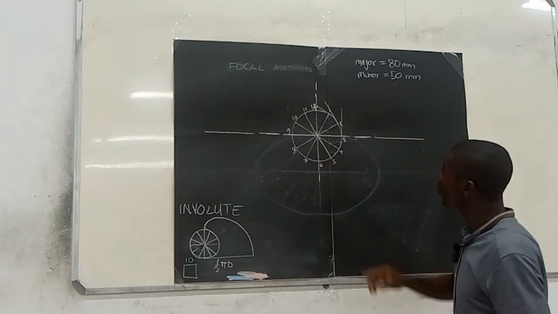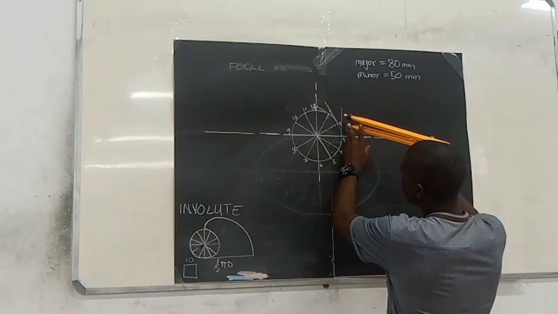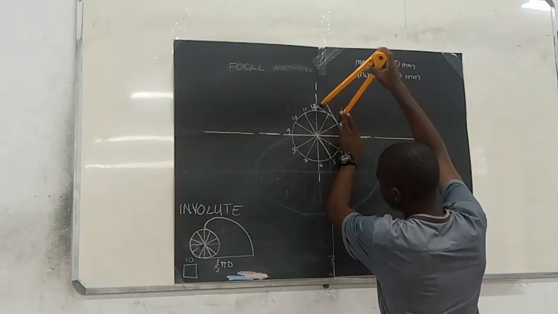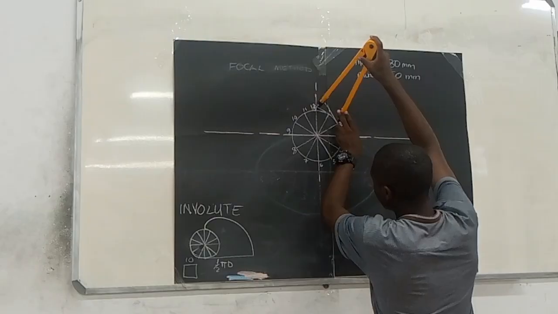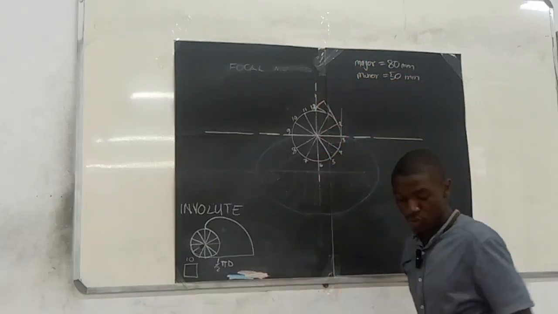The next is you go to point 2 and then open to where you ended, like this, until you touch the line coming from point 2.